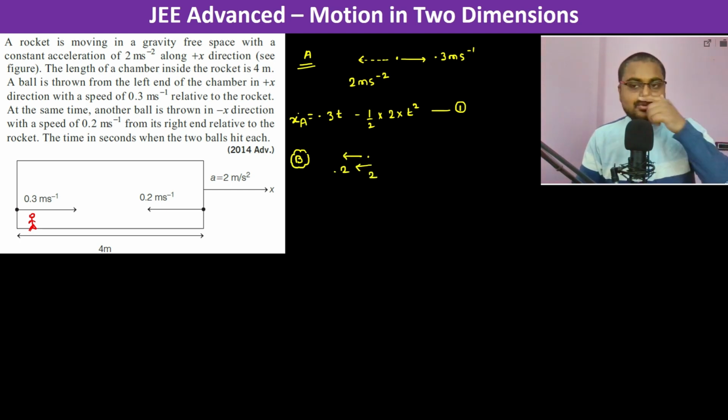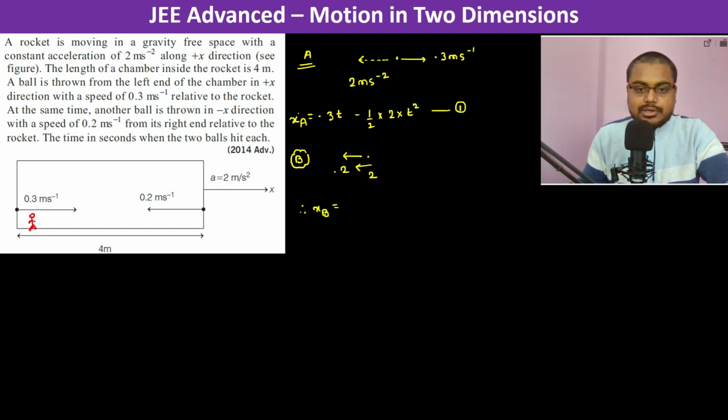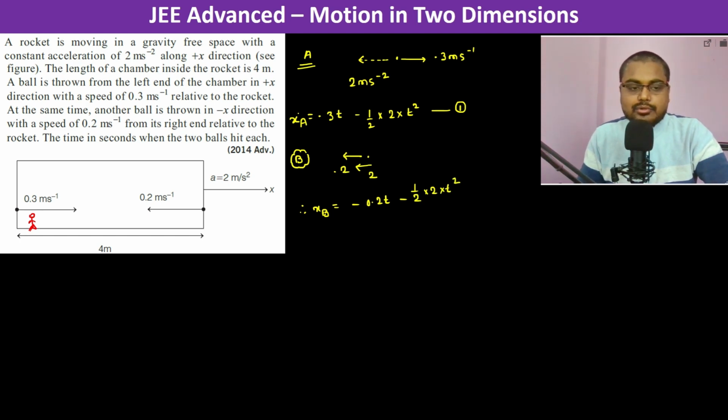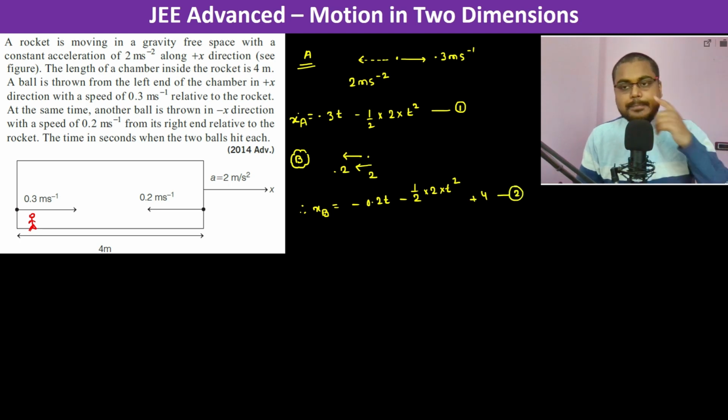This acceleration is due to the pseudo force. So therefore coordinate of B is equal to minus 0.2t minus half into 2 into t square, and because it was already present at 4 meter before, plus 4 meter. This is second.